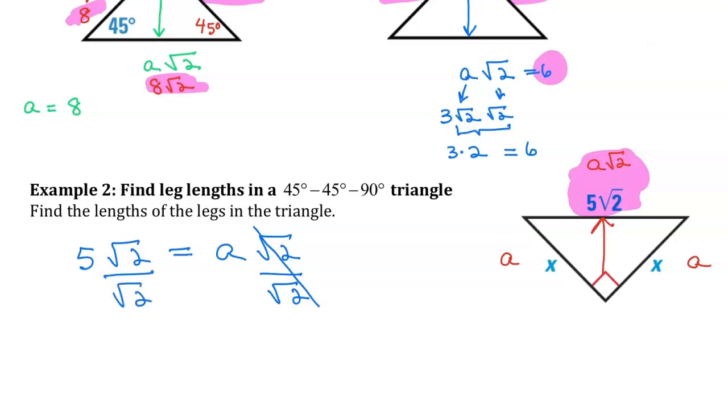Divide by root 2 again, also becomes a 1. 5 equals a, and that's what I needed. Because now if I know that 5 equals a, don't I know that this side is 5, and this side is 5, because that's the a side, so they use the variable x, so I can now say that x is 5, because that's what the leg length is. Now I have all 3 of my lengths, and I'm good to go.